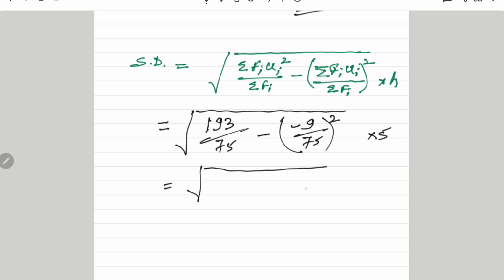Simplifying it, we get 193 divided by 75 as 2.57, minus 9 by 75 and its square, it is coming as 0.0144, into 5.